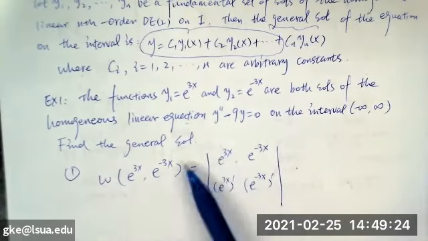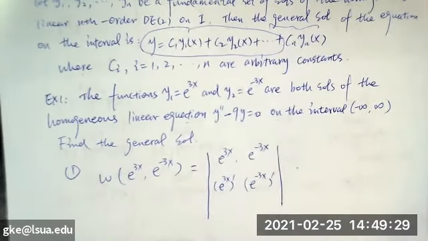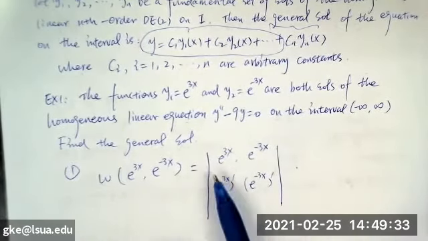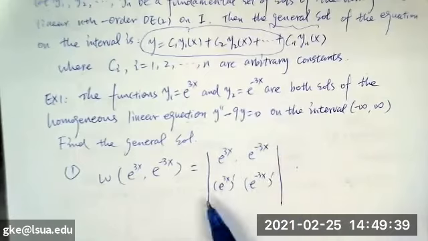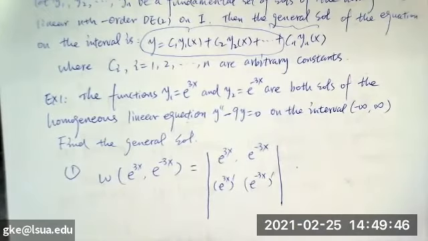So two rows, two columns. And how do we calculate this? This is a determinant. If you take my linear algebra, you should know how to calculate the determinant. Or if you take Cal 3, you learned how to do the determinant.